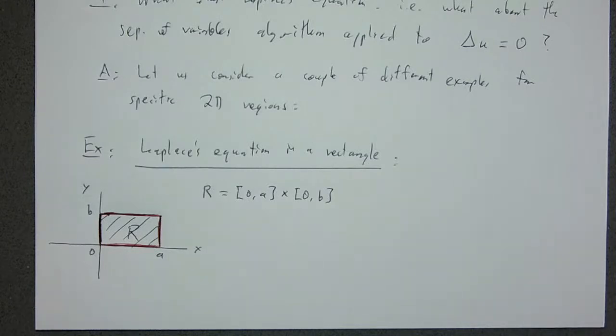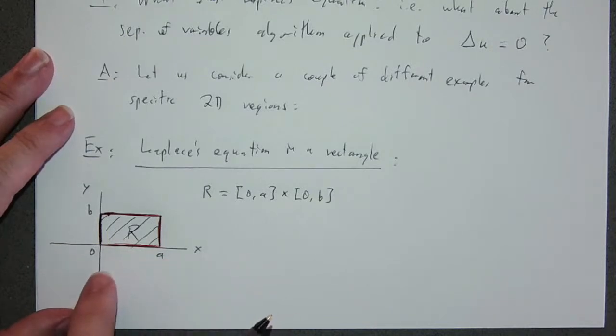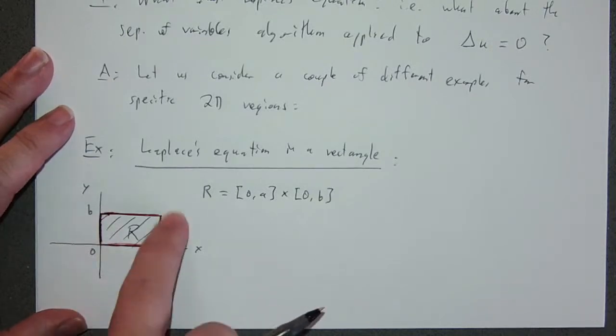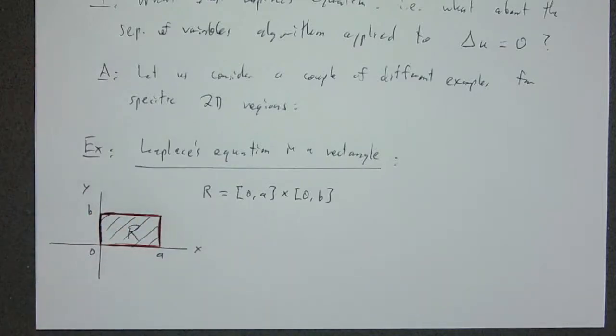But if we're talking about a general Dirichlet problem where we have a value on our solution u on this boundary, then the most general thing is that on each piece, the value of my function u is given by some different data function.